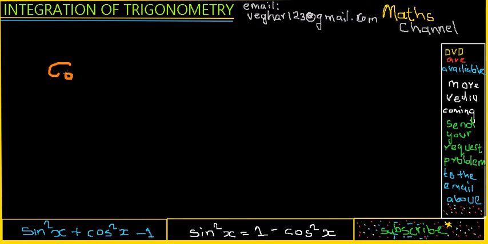The one that, 5. So this one, 5, and then this one you first of all split.